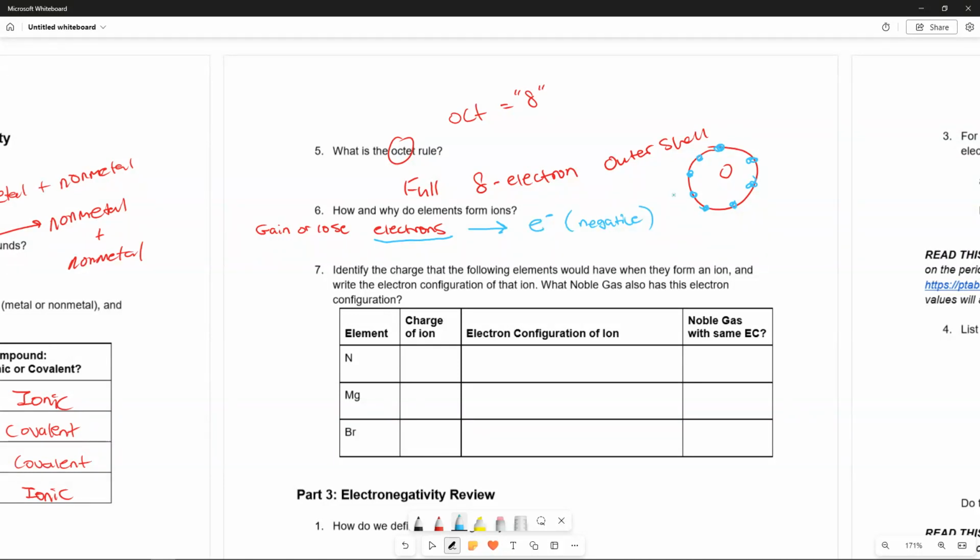So, if you gain an electron, you gain negativity, which means that you become more negative. Just because you're gaining electrons doesn't mean you're gaining positivity. You gain electrons, you become more negative. Vice versa, if you lose electrons, you're going to lose the negativity and be more positive.